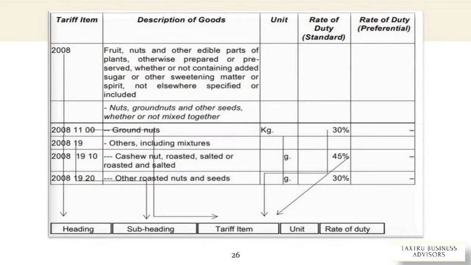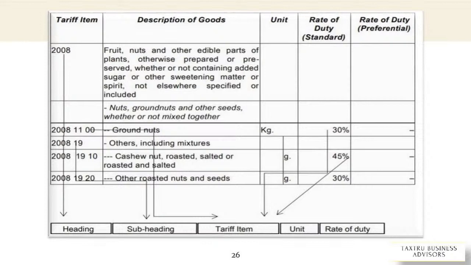But why is this specific tariff item needed? First one is the clarity of that particular item. Like if you want to classify a groundnut, you have to show your goods, or prove your goods, that they are groundnuts only, because there is a 30% tax rate.